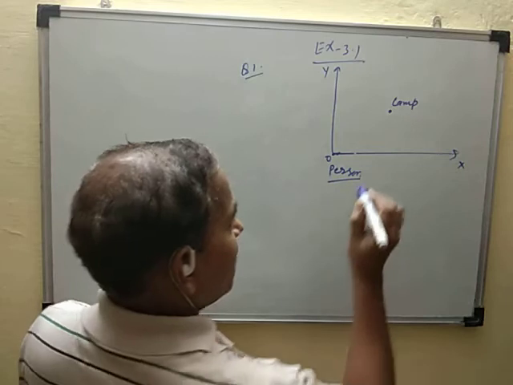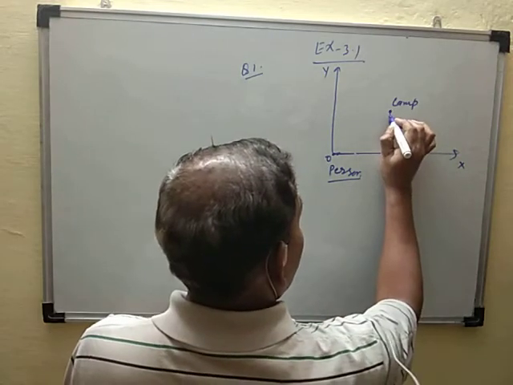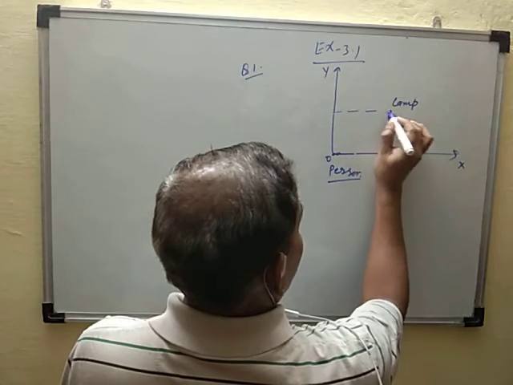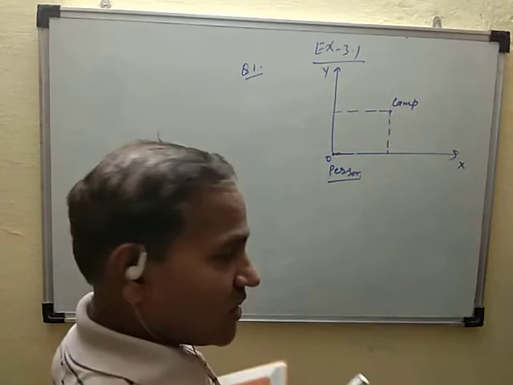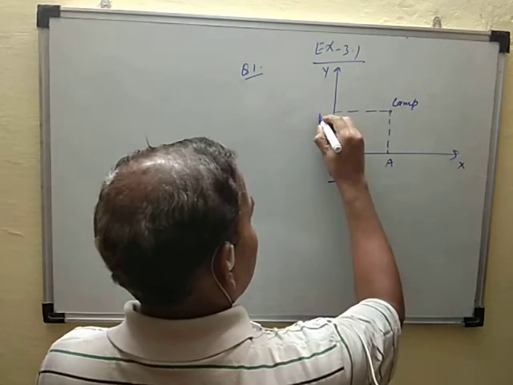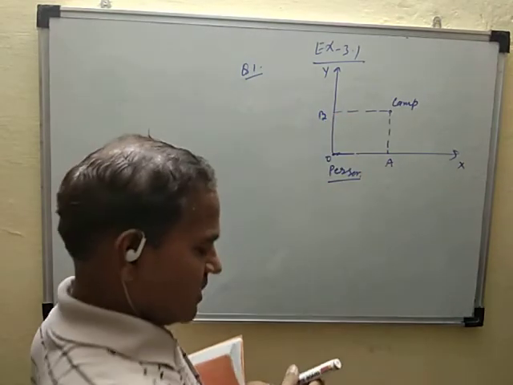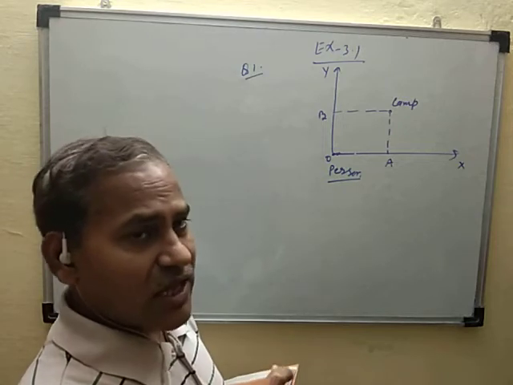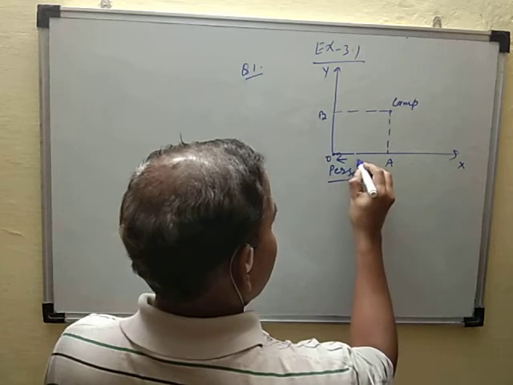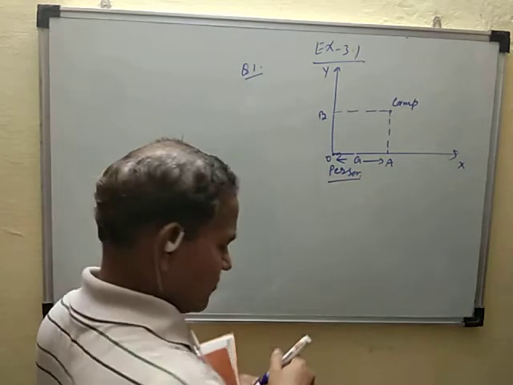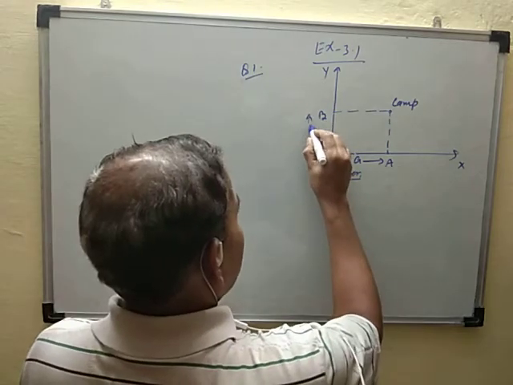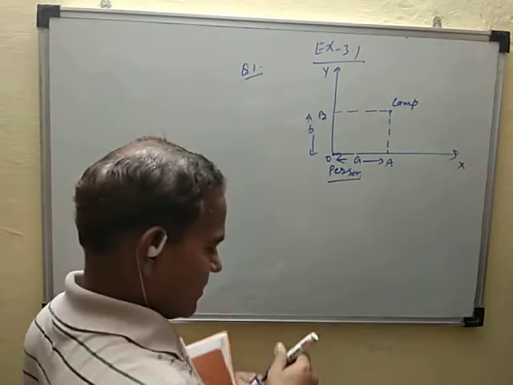For the position of the lamp, we draw perpendiculars from the lamp to the x axis and the y axis. Suppose this point is A and this one is point B. Now check what is the distance OA. Suppose the distance OA is a and the distance OB is b.